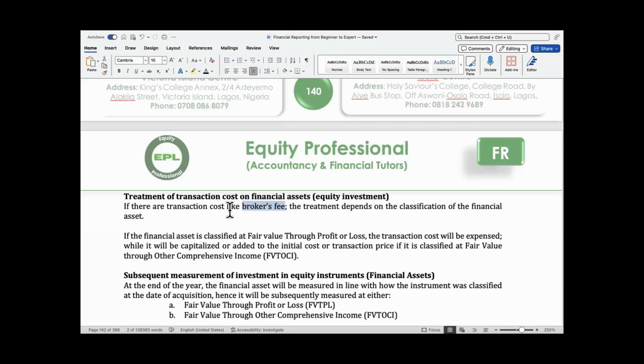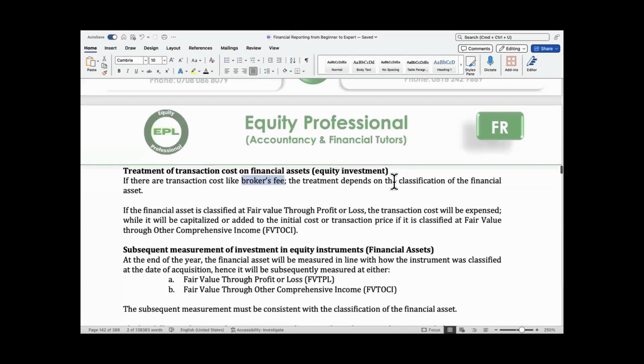You see, the treatment of those transaction costs, those associated fees that you pay along with that cost, depends on the classification of the financial asset. You see why classification is important? If the equity investment is classified as fair value through profit or loss, the transaction cost will be expensed.